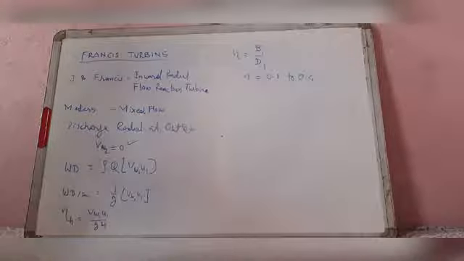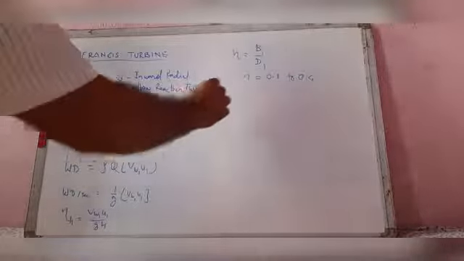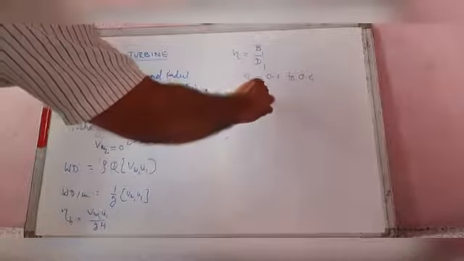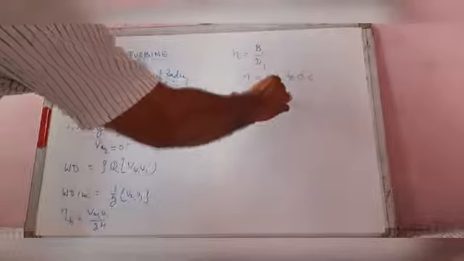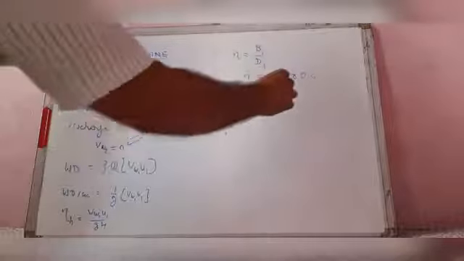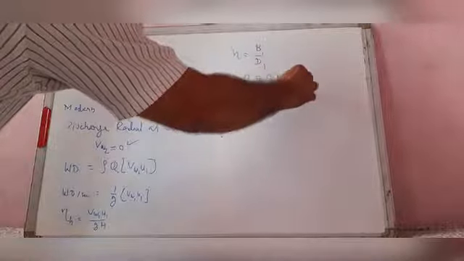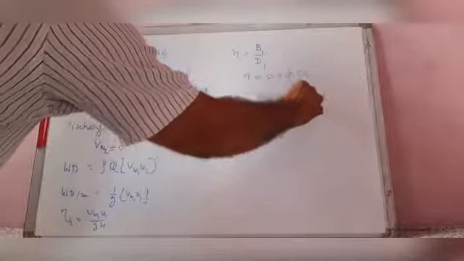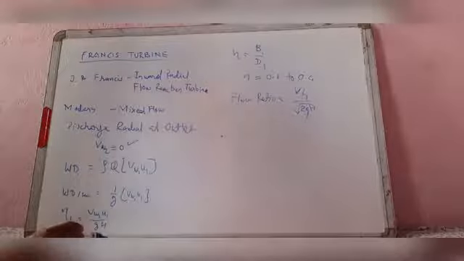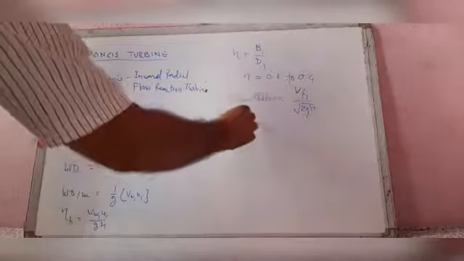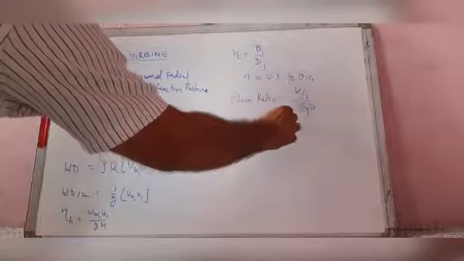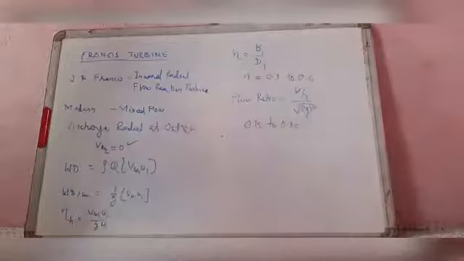The flow ratio is given as VF1 by root 2gH, and its value varies from 0.15 to 0.30.